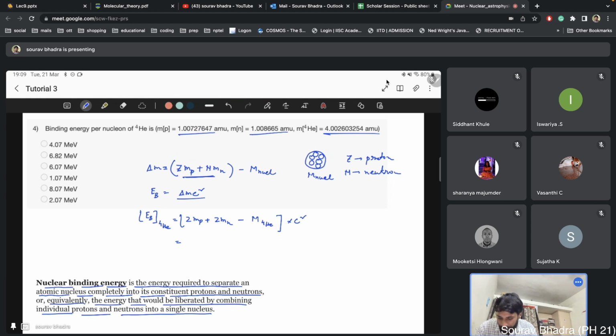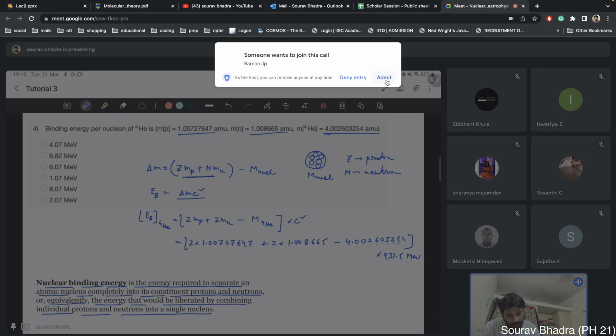So the delta m will be 2 into 1.00727647 plus 2 times the given value for the neutron, I am just putting it here, minus 4.00260324. You can see the precision of measurement. It is 1 2 3 4 5 6 7 8 9 decimal places. Okay, so times 931.5 mega electron volt as 1 AMU gives this much energy.